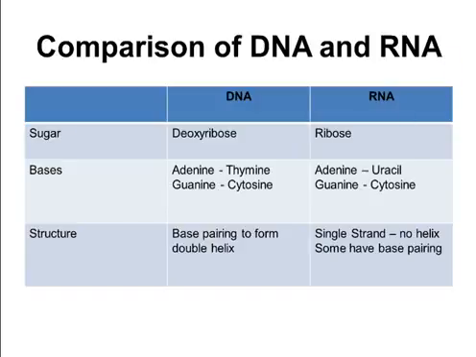DNA is the genetic code that's in your genes, in your chromosomes in the center nucleus of the cells. It is deoxyribose as a sugar, whereas RNA has ribose. Bases, the only difference is the substitution in RNA of uracil for thymine.